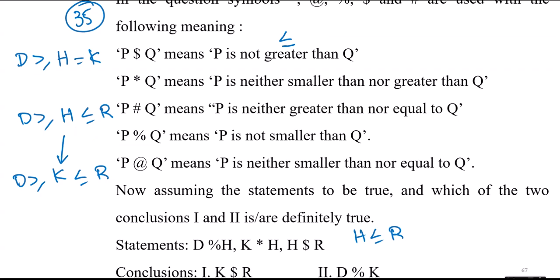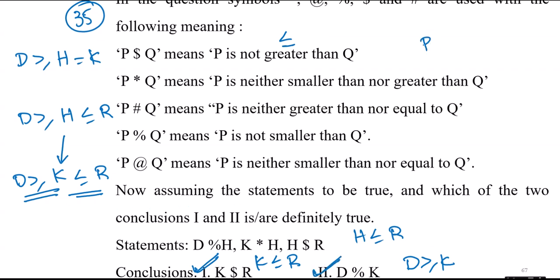Now look into the first one, K dollar R. K is either less than or equal to R. Correct only. First one correct. What about D and K? Percentage means either greater than or equal to K. So yes, D is either greater than or equal to K. Second one also true.